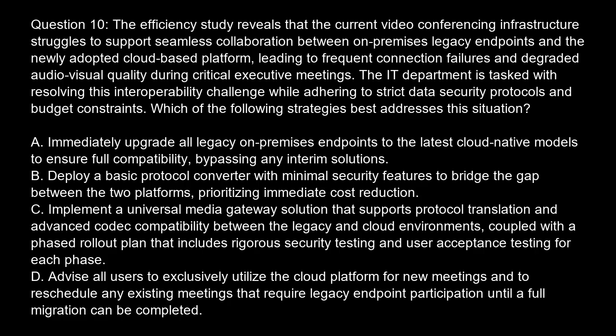Option C. Implement a universal media gateway solution that supports protocol translation and advanced codec compatibility between the legacy and cloud environments, coupled with a phased rollout plan that includes rigorous security testing and user acceptance testing for each phase. Option D. Advise all users to exclusively utilize the cloud platform for new meetings and to reschedule any existing meetings that require legacy endpoint participation until a full migration can be completed.